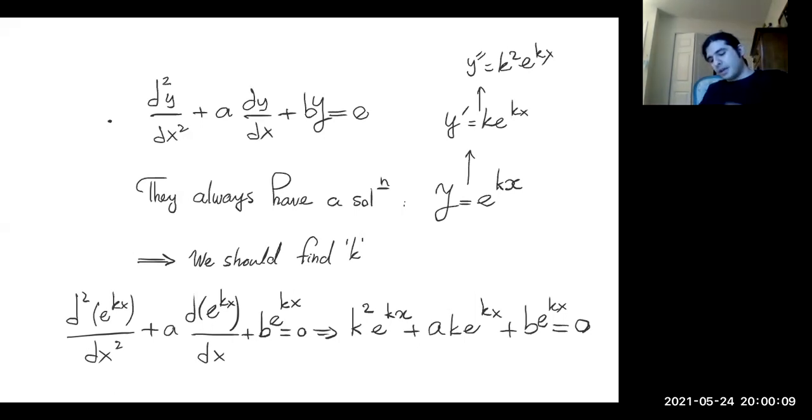Now, because e to the kx is always non-zero, we can divide this equation by e to the kx. I would just get rid of it, and I would get k squared plus ak plus b equals 0.